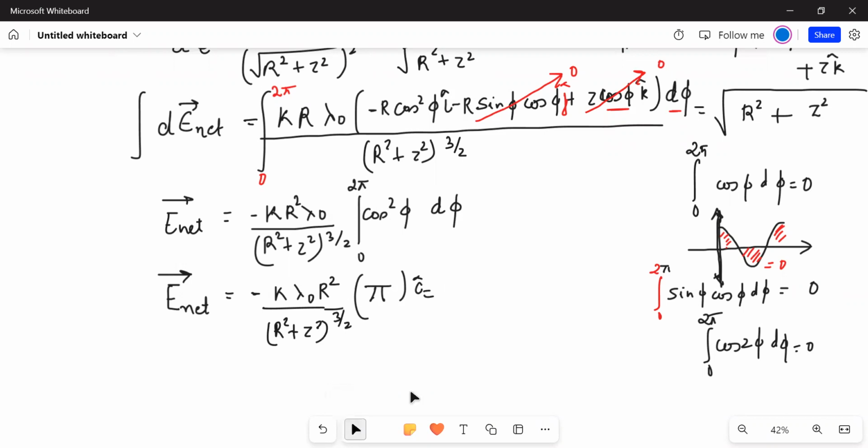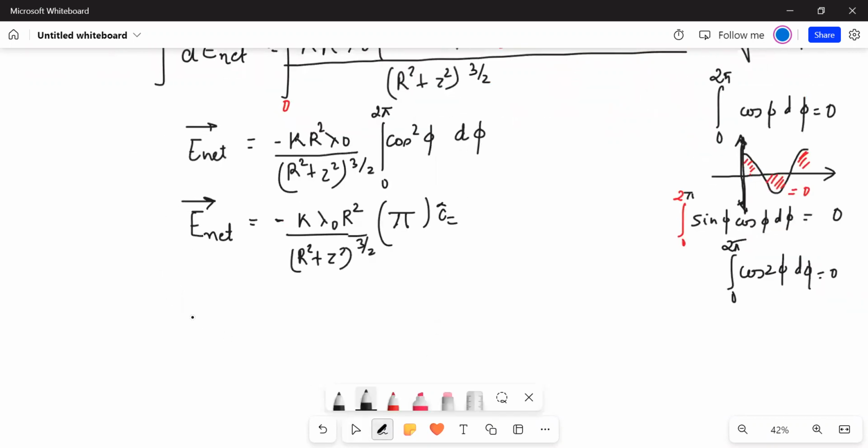And if I just want to write the magnitude part of it, the net electric field will be in the x direction, and that will be simply lambda naught, and this is 1 upon 4π epsilon naught. So there is a π here, and the π gets cancelled. So basically this is lambda naught r² divided by 4 epsilon naught (r² + z²)^(3/2).